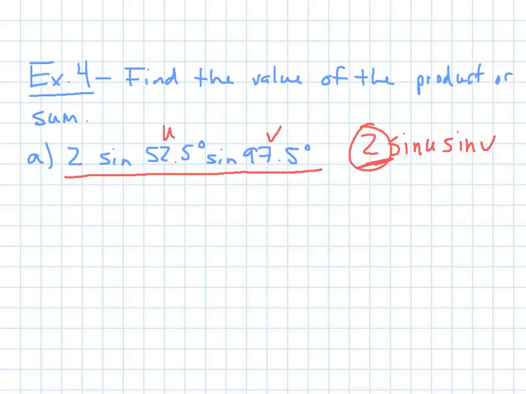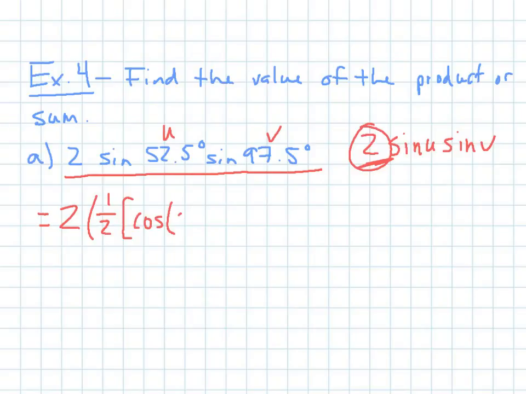Okay. So when I insert this in, I'll insert in the part that I know of. So for sine of u, sine of v, it's 1/2 times cosine of my u minus my v.